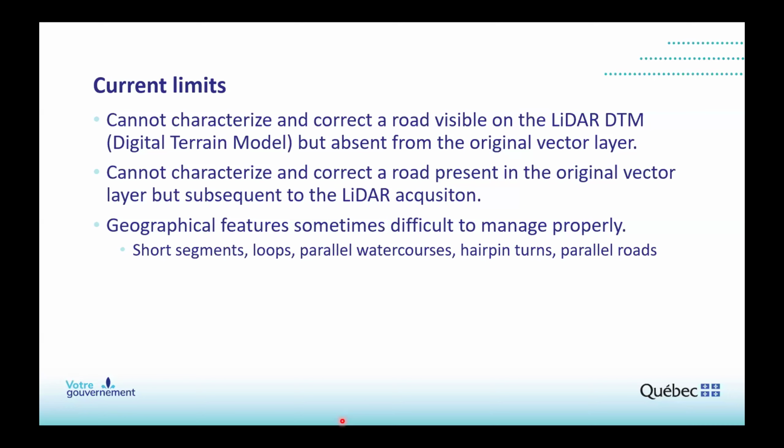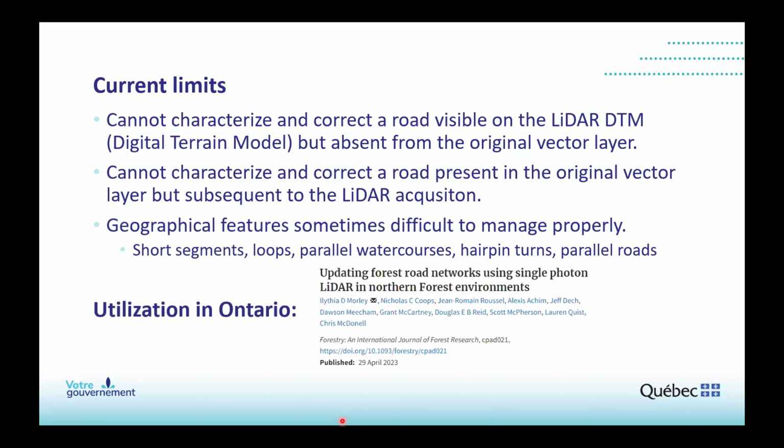It also has geographical features that are sometimes difficult to manage properly, such as short segments, loops, parallel watercourses, hairpin turns, and parallel roads. So for your information, Ontario is using the same approach, but with a single photon LiDAR.